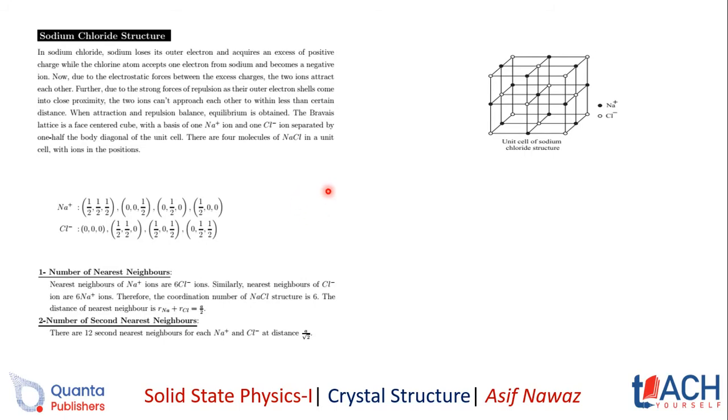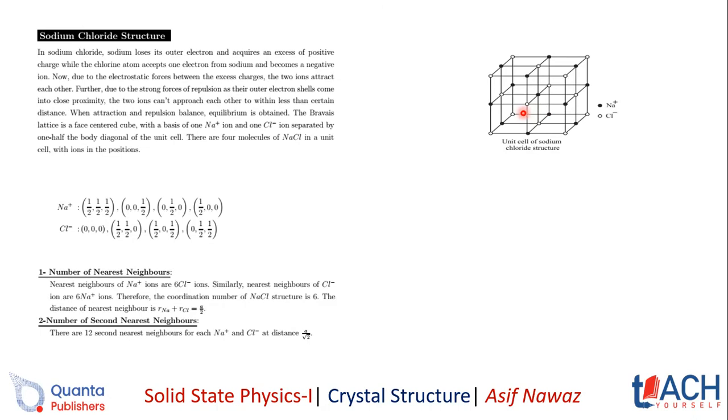So if you want to calculate how many sodium chloride molecules are there in a unit cell, look at this crystal. In this crystal, the sodium are just black dots, while the empty circles are chlorine ions.